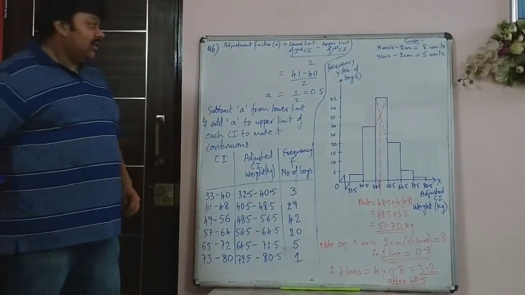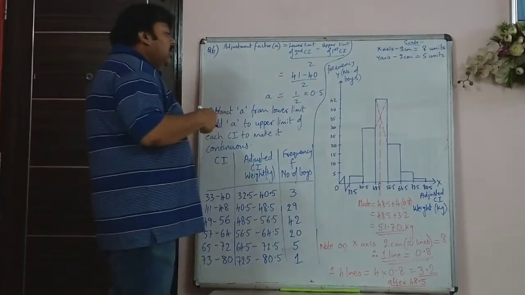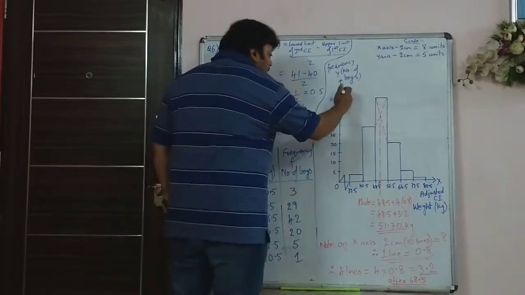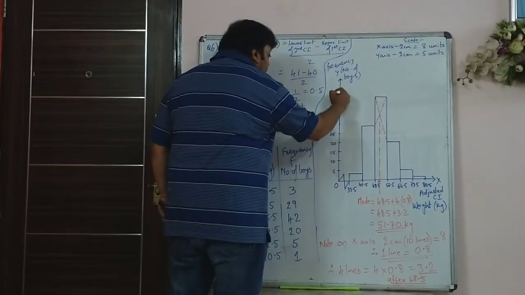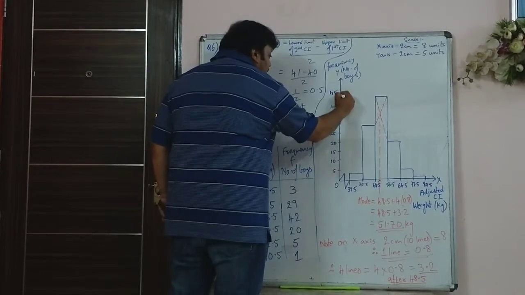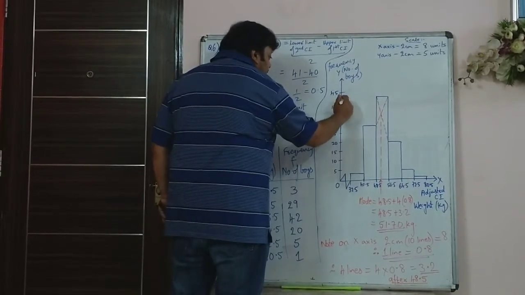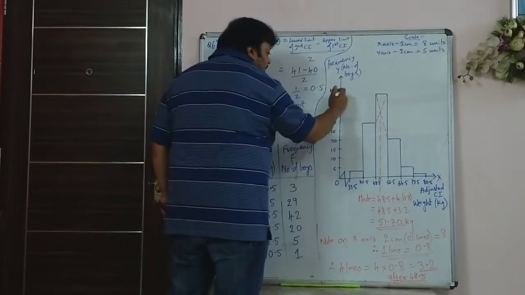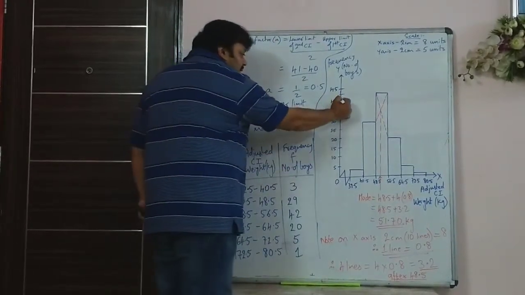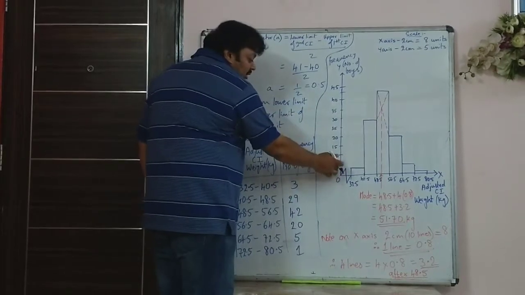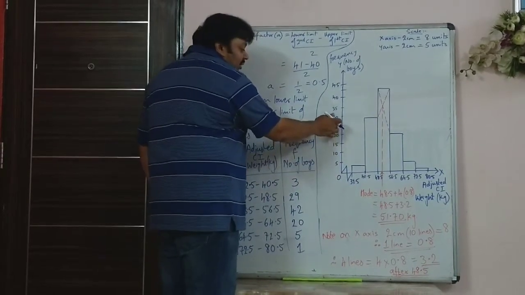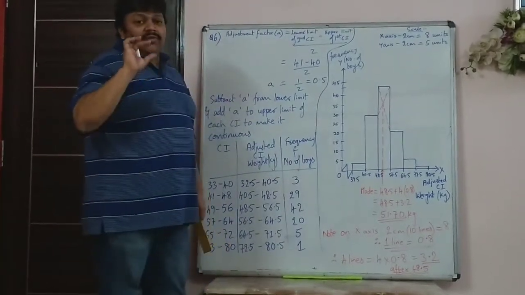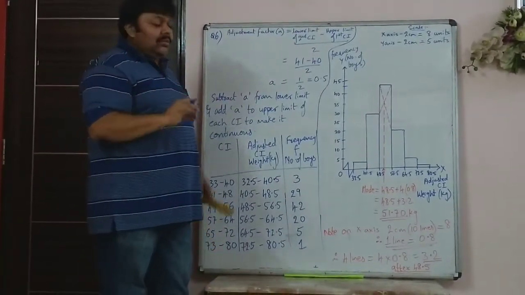So you will be showing 0, 5, 10, 15, and the last one will be 45. What you have drawn there is the frequency that will come there as 42. That's the final class. So each part, 0, 5, 10, 15, 20, 25, 30, 35, 40, 45, each one of them will be 2 centimeter.